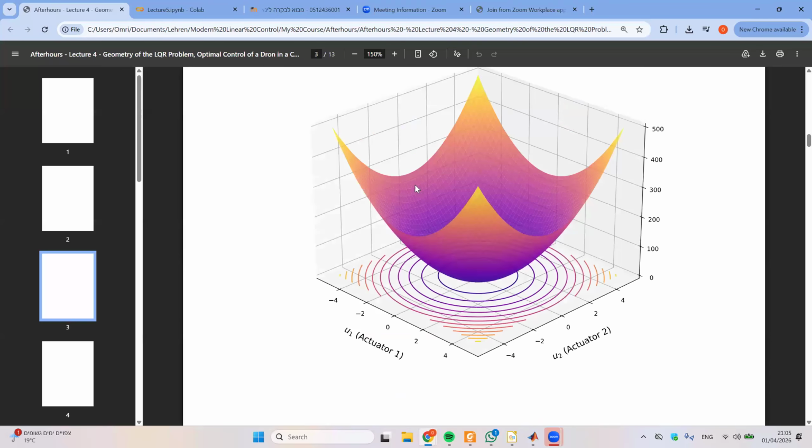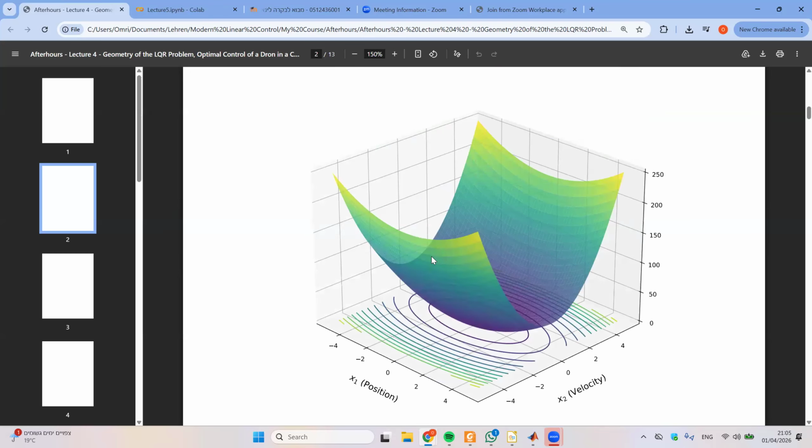So basically when we choose some numbers, we will be on one of the ellipsoids seen here, or maybe even better, seen here. So any choice of numbers for x1 and x2, as you can see here, for example, let's say I have x1 equal to 2 and x2 equal to more or less minus 4, then this will be the value.